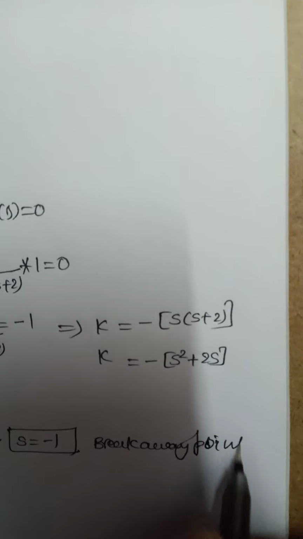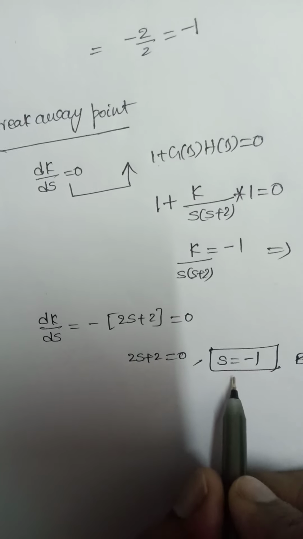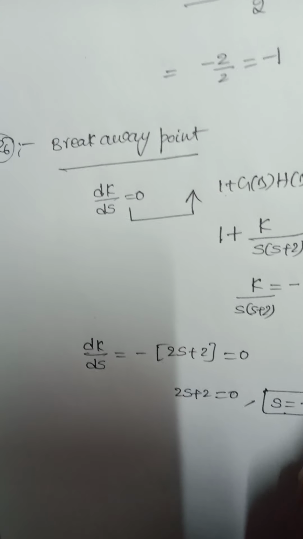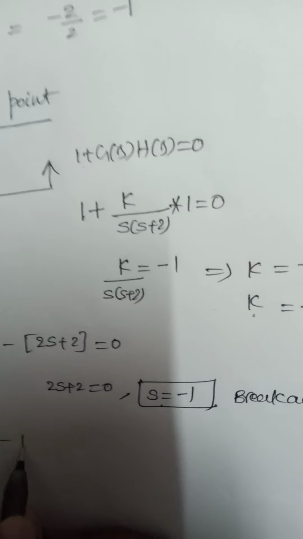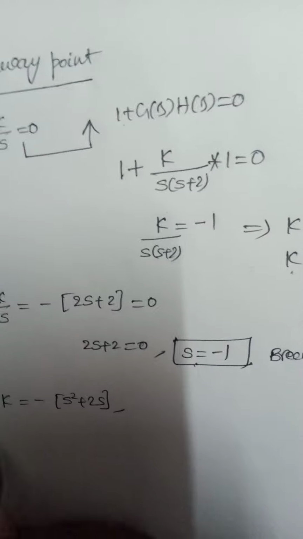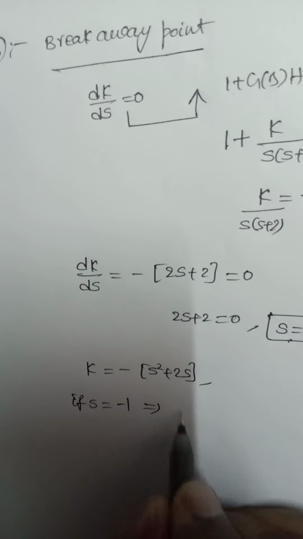We can also check whether it is a valid or an invalid breakaway point by substituting this S value in the K equation. So what is this K equation? K is equal to minus of (S square plus 2S). If S is equal to minus 1, then find the value of K here.